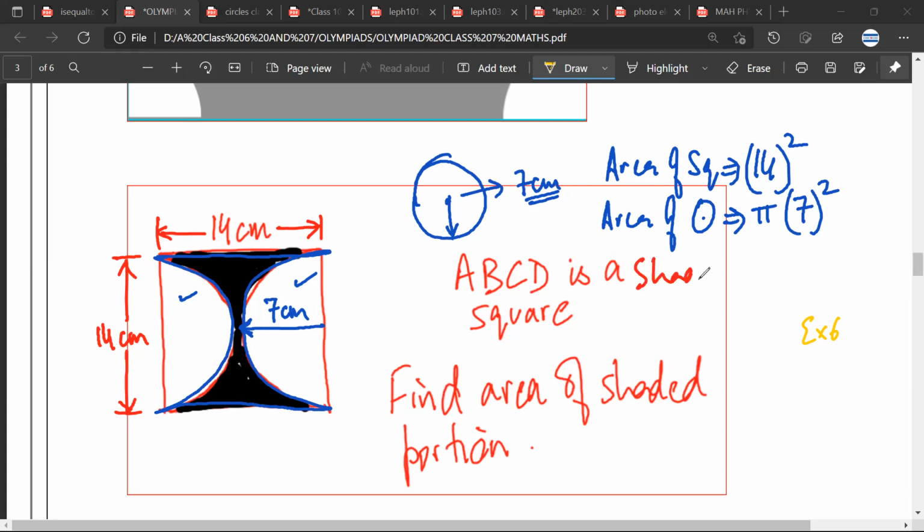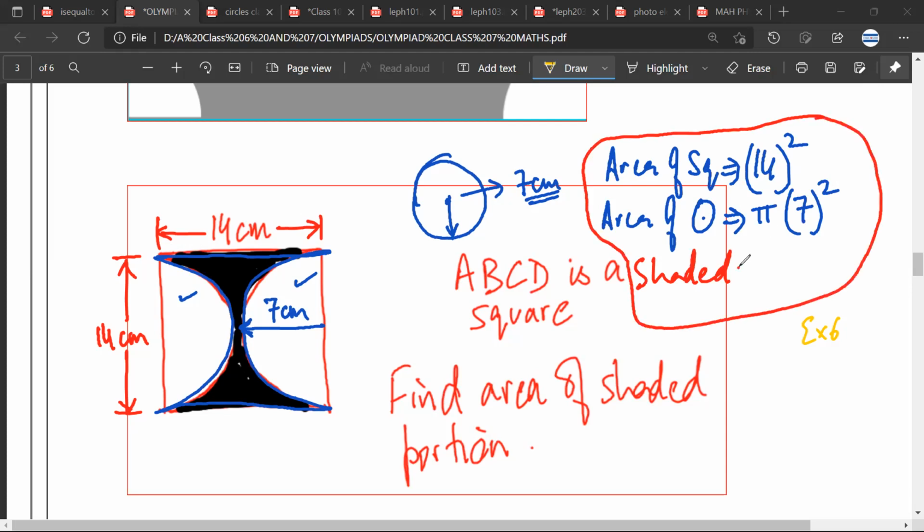Yes, sir. So the area of the shaded portion would be equal to the area of the square, which is 14 square, minus pi into 7 square. Satya, is there a doubt? No, sir.